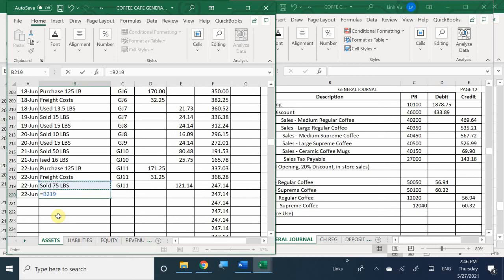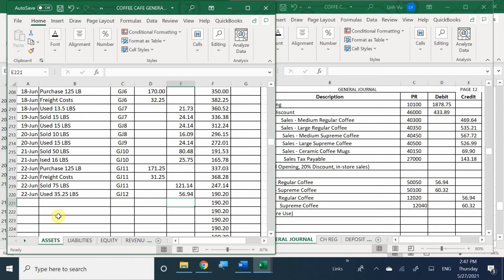We used again 35 and a quarter, General Journal 12. Credit that for 56.94. Brings the current balance to $190.20. Good.